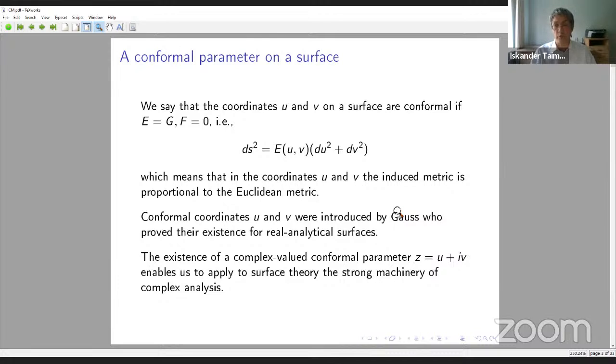He had been working in cartography and was looking for the best charts for pieces of the surface of the Earth, for some special pieces of territory, which could be applied for different reasons.